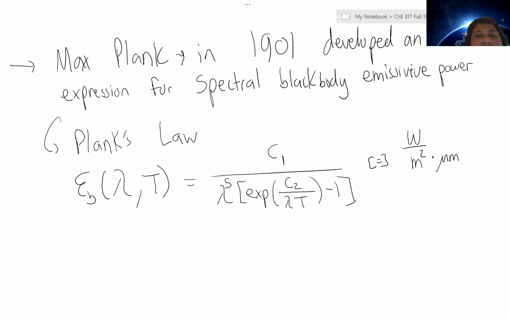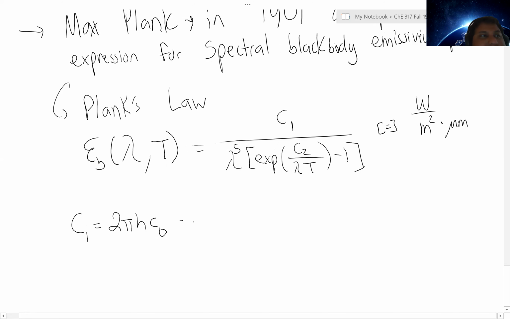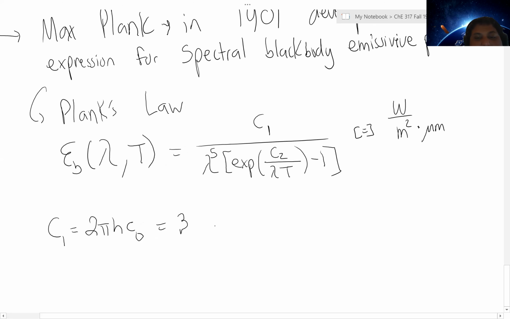And so C1 is equal to 2 pi h C naught, where since all of these are constants, we can simply solve and say C1 is equal to 3.742 times 10 to the 8th watts microns to the 4th over meter squared.